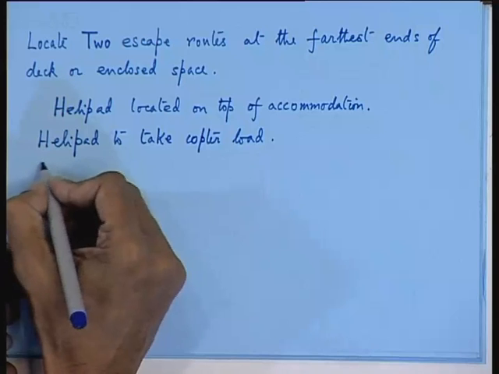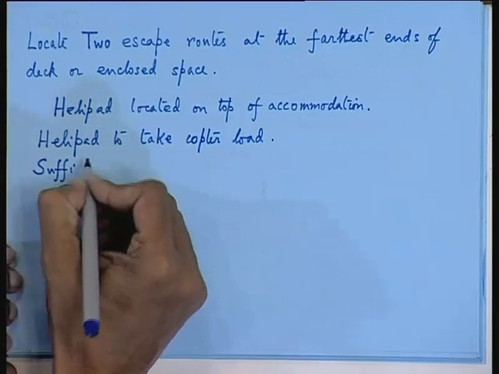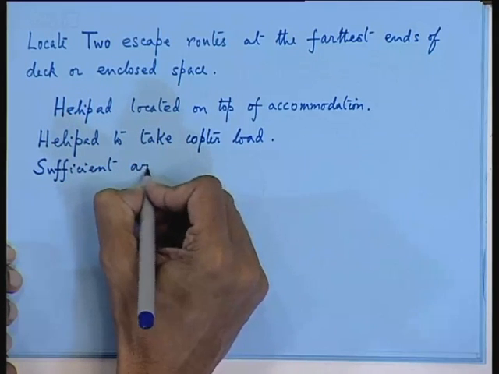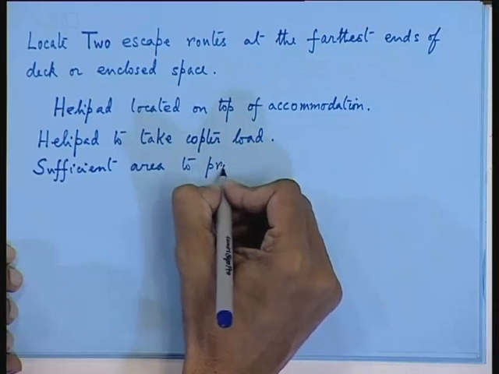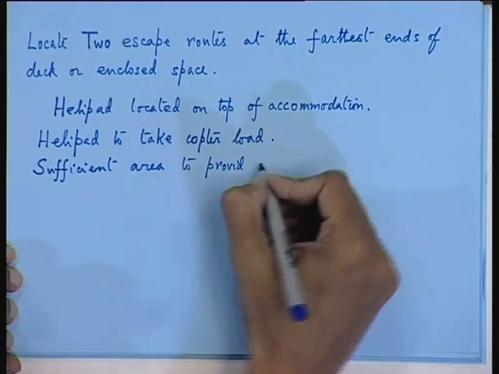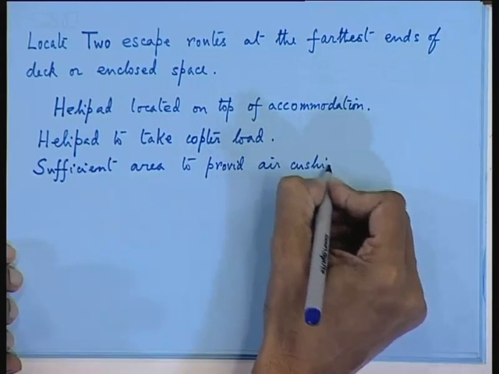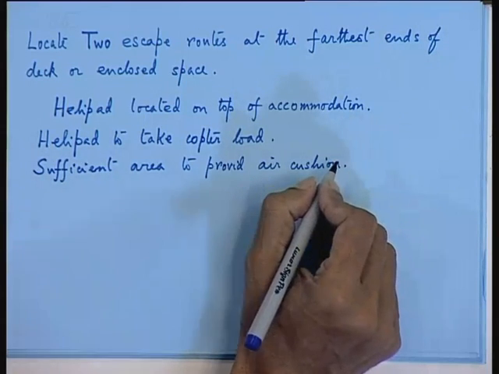Now, you have to provide sufficient area to provide what is called air cushion. You know what is air cushion? Suppose when your helicopter is trying to lift off, then the rotor actually gives a thrust.